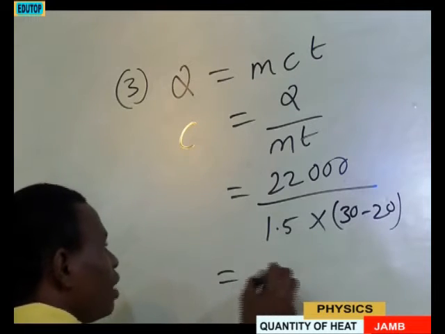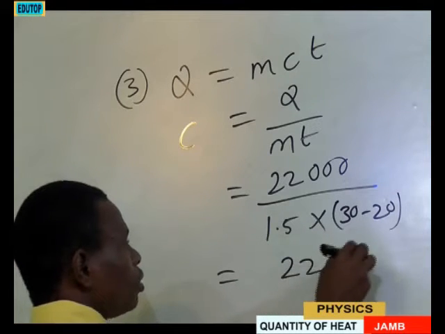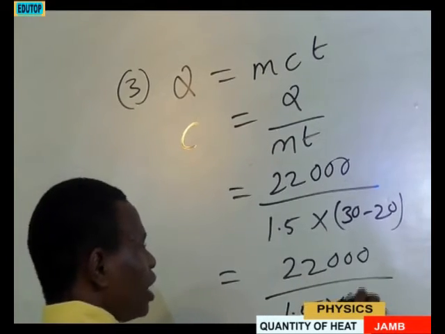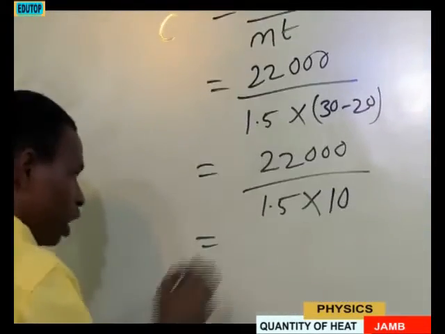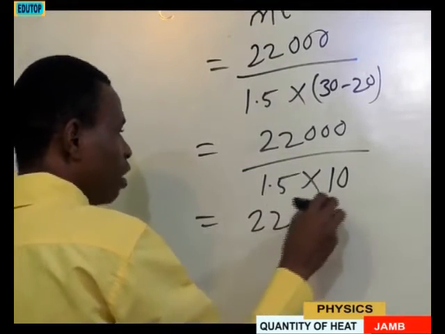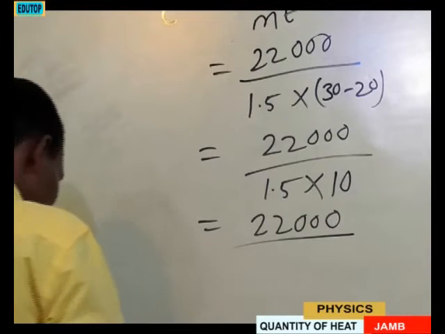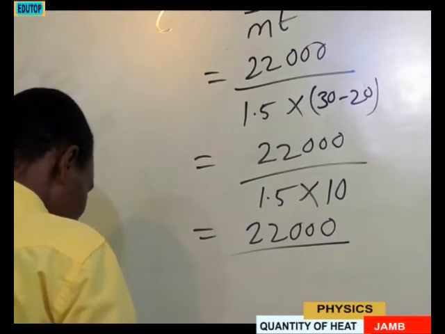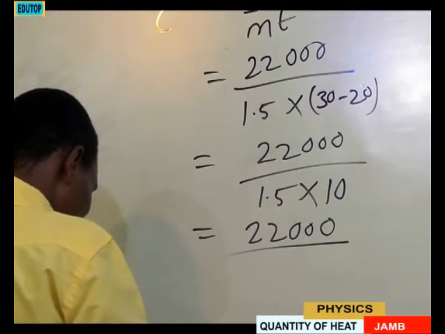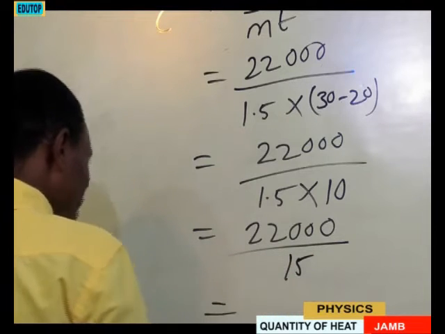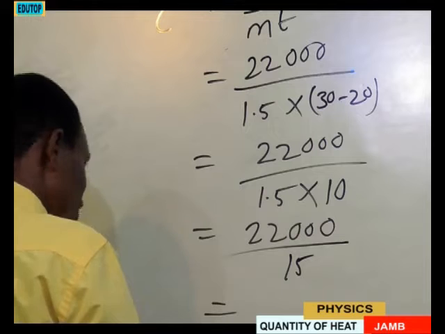So what we are going to have now will be 22,000 over 1.5 times 10. Let's look at the value of 1.5 times 10. 1.5 times 10 will give us 15. So let's divide everything by 15.